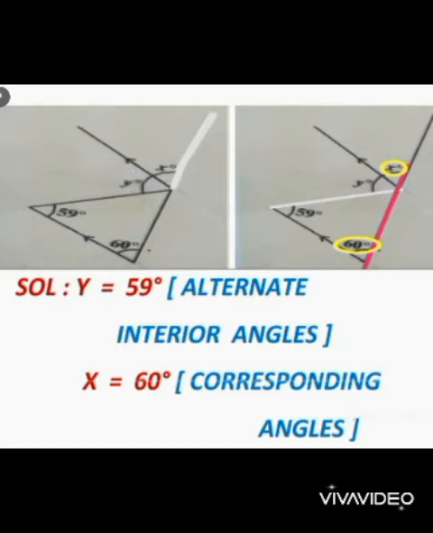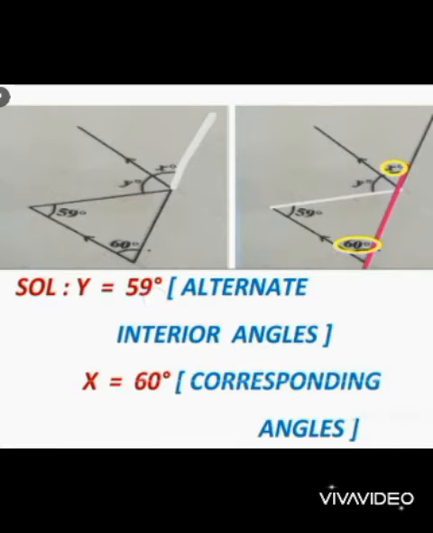Okay. So, these two lines are parallel lines and this is a transversal. So, what you can say, children, is that y will be equal to 59 degrees, isn't it? What is the reason there, children? Alternate interior angles. So, the value of y we got is 59 degrees. Okay, look at the second figure here, children.